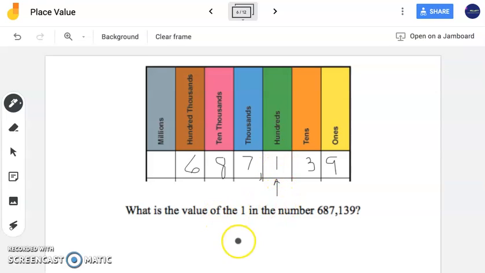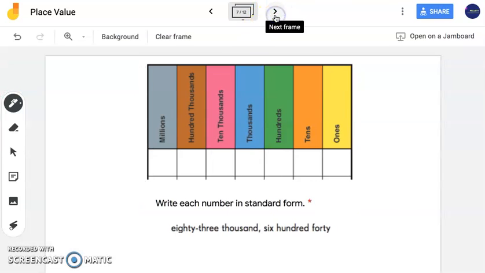And then if I want to find the value, I know that the value of the digit 1 that's in the hundreds place would just be 100. Now I can start counting by 100, 100, 200, 300, 400, but I don't need to continue counting past 100 because the digit is a 1.